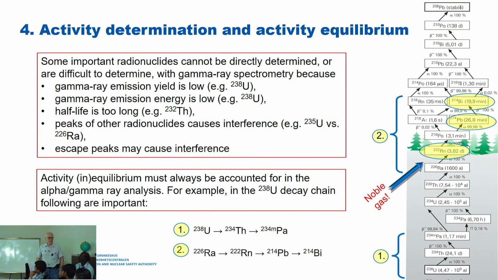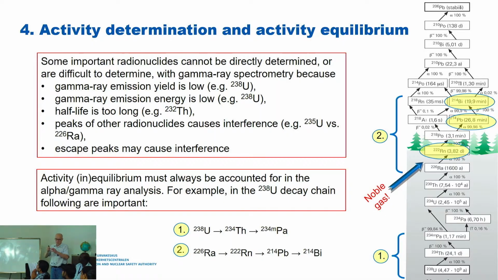There is a radon. And because of the long half-life, we must wait at least 3 weeks so that there is equilibrium between this, and this. These two are very easy to analyze.